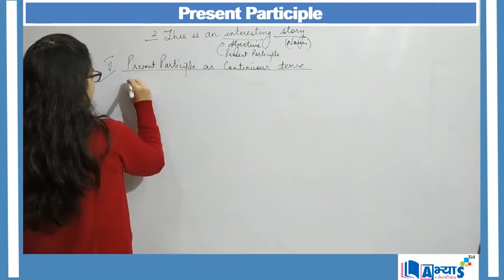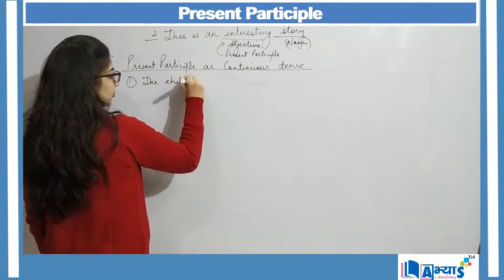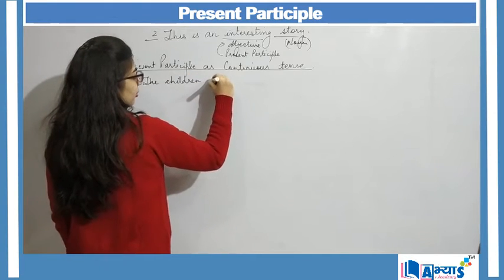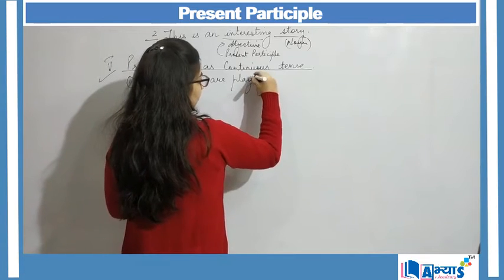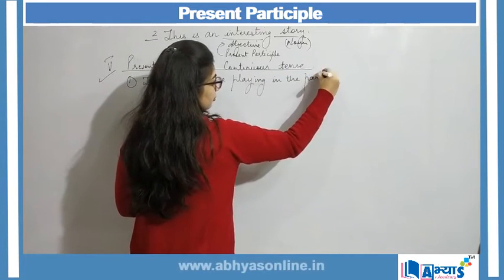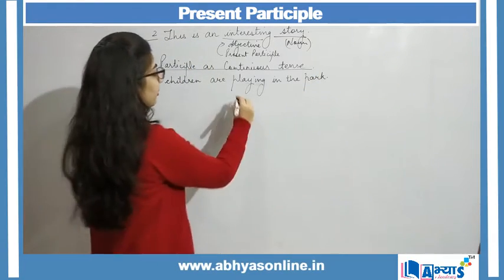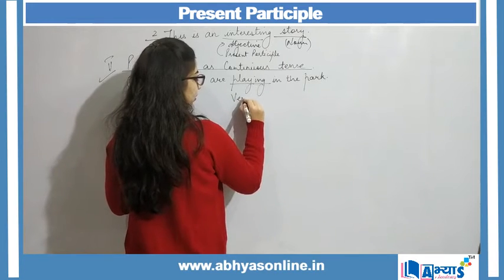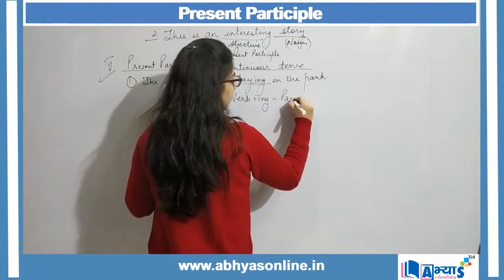For example, the children are playing in the park. The children are playing in the park. Play is a verb plus ing is equal to participle.